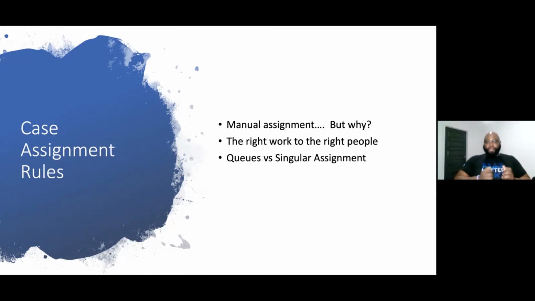With case assignment rules, you can direct cases to queues of people, or if there's a specialty kind of case that only certain people can work, you can have those cases get assigned to those certain people, so no cases get lost in the shuffle. So you can determine whether those cases need to go into queues or they can just be assigned to a singular person to make sure your cases are being worked the way that they should be.